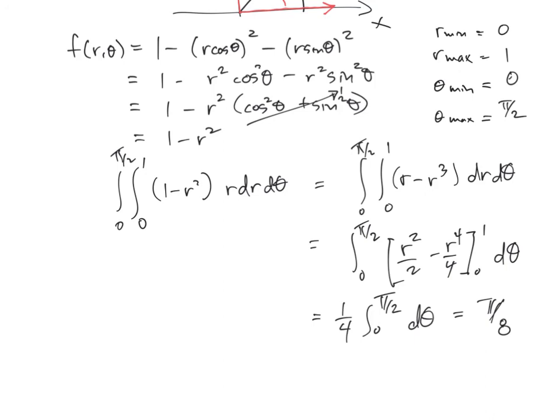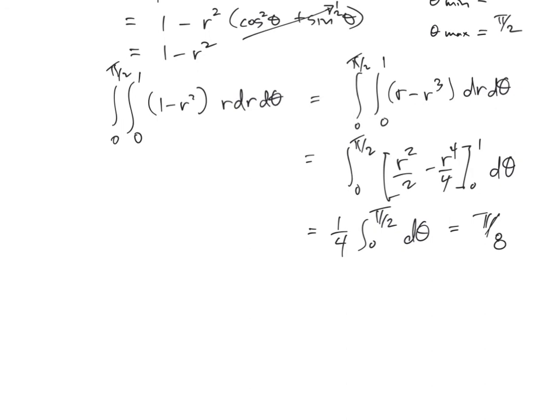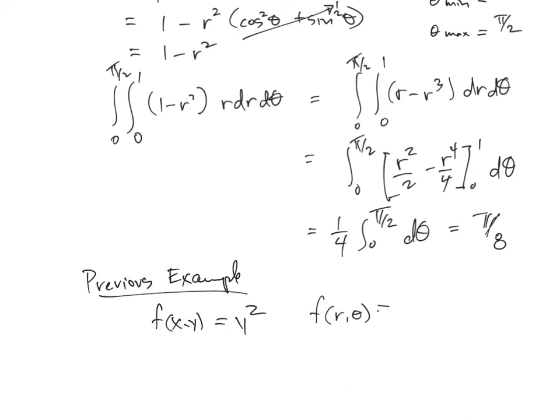And if you would use the same region of integration from the previous example where we got that nasty integral, we had the same region of integration, but our function of xy was simply equal to y squared. And that gave us a nasty integral for the same region of integration as we just looked at, right? If we would use polar coordinates for that, well, this f of r theta is simply going to be equal to r squared sine squared theta.